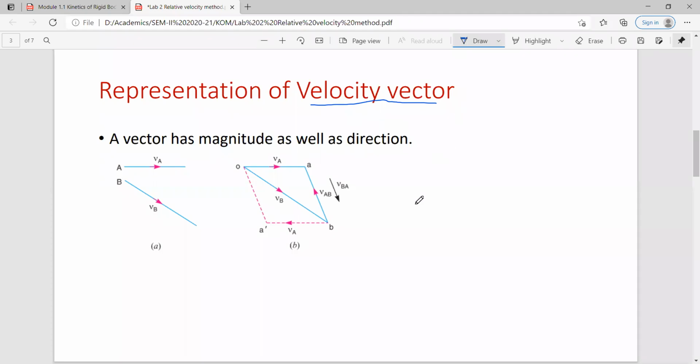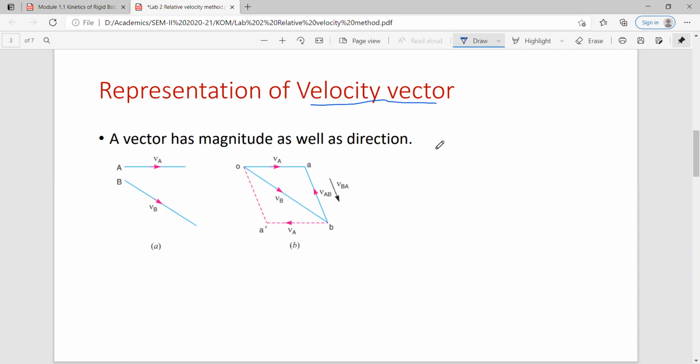So if you say that the velocity of a person is say 5 meter per second, another person is also interested in the direction in which he is moving, south, north, west, east, that is also important.